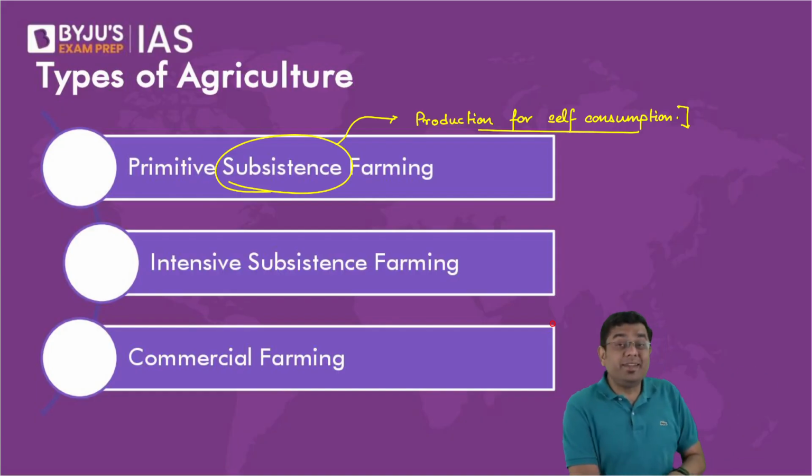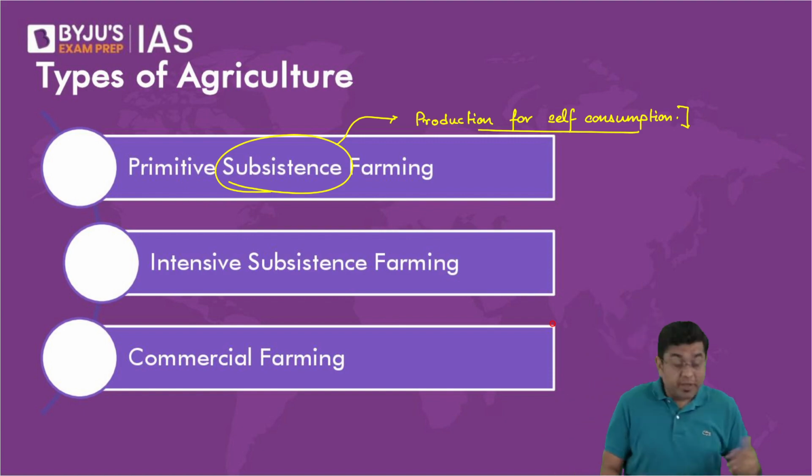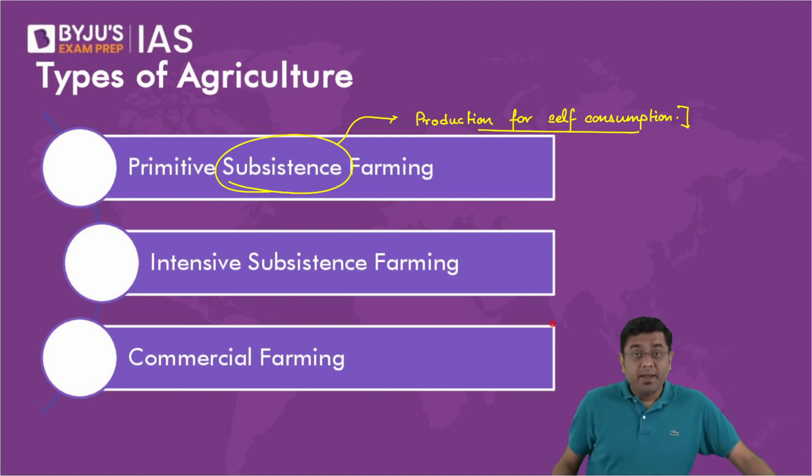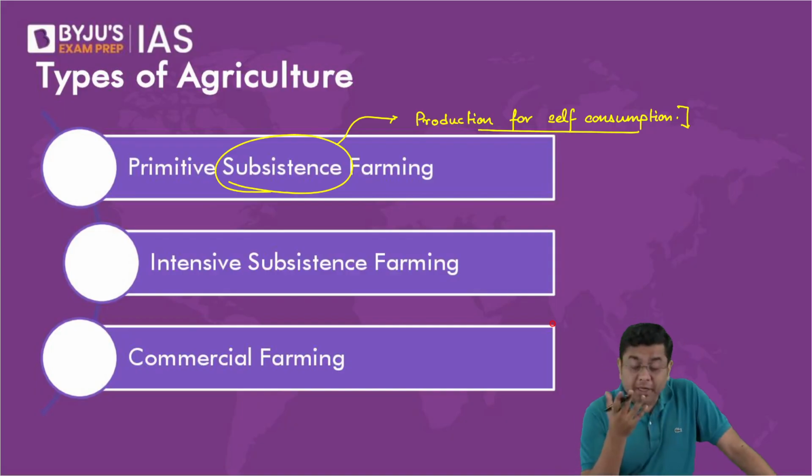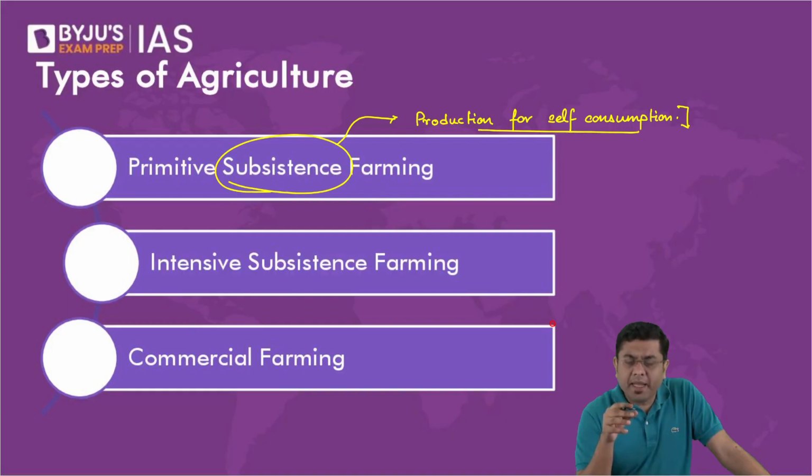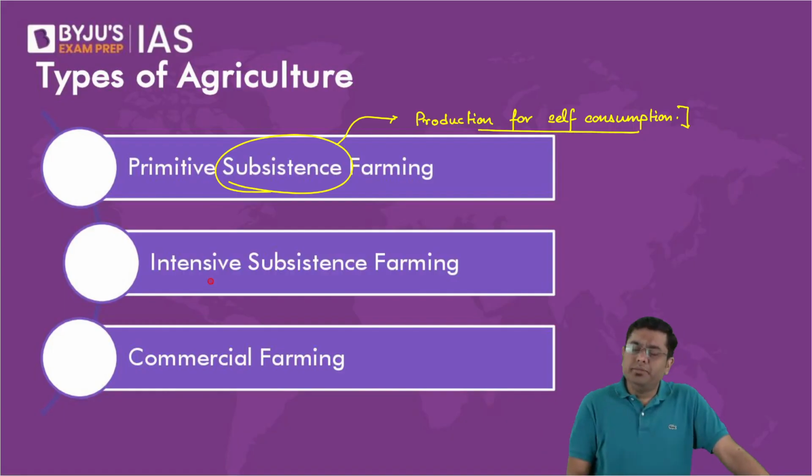Then intensive means what? Utilizing each and every parcel of the land. As you would have seen in many households, particularly in the plain areas, if it is a 5-member family, everybody helps in the farmland. All of them work directly or indirectly as agricultural laborers.